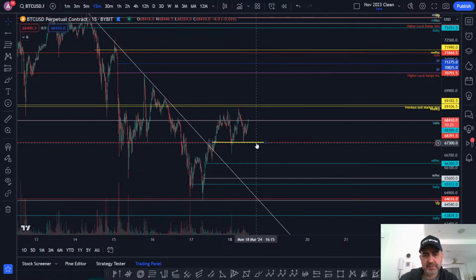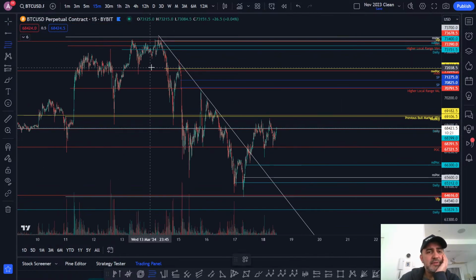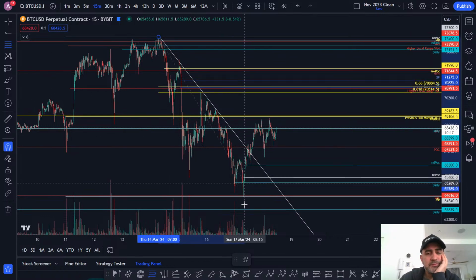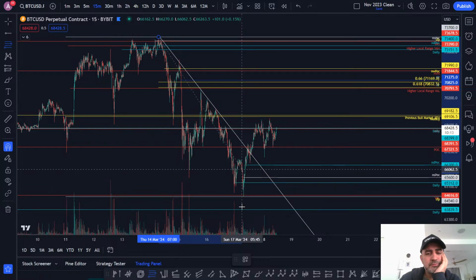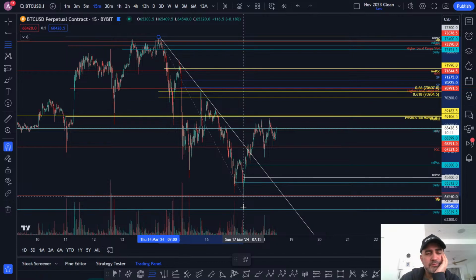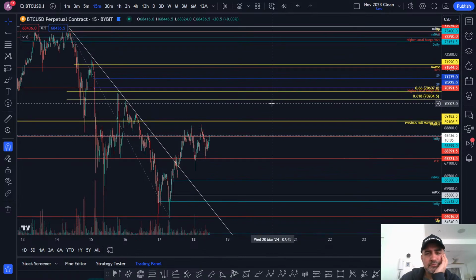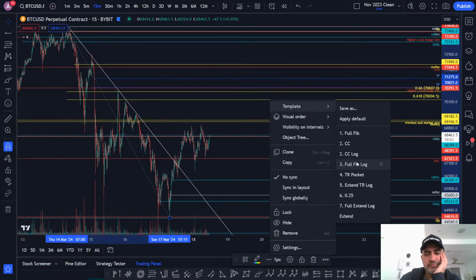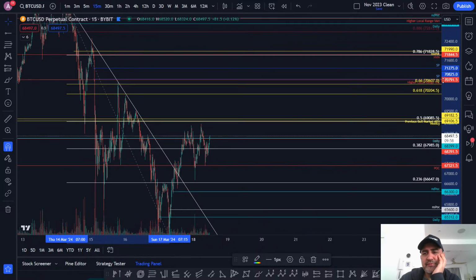Let me have a look at the fibs. Okay, the golden pocket comes in front of this.